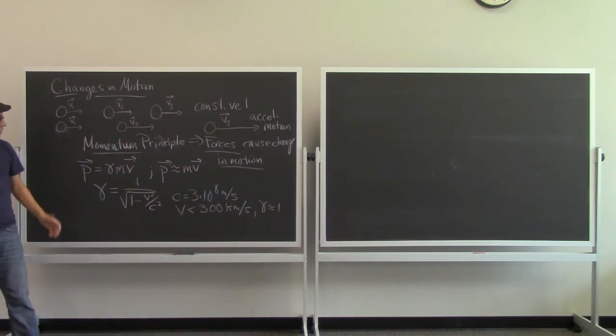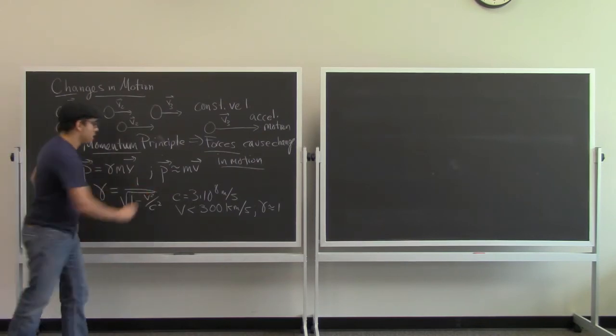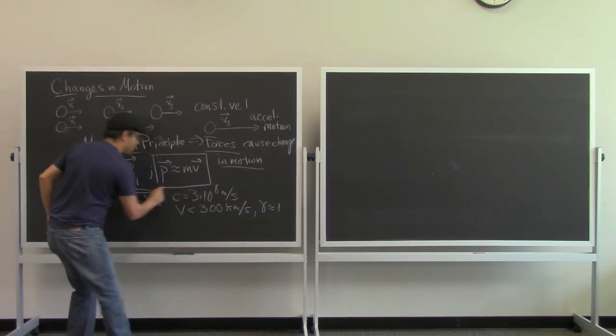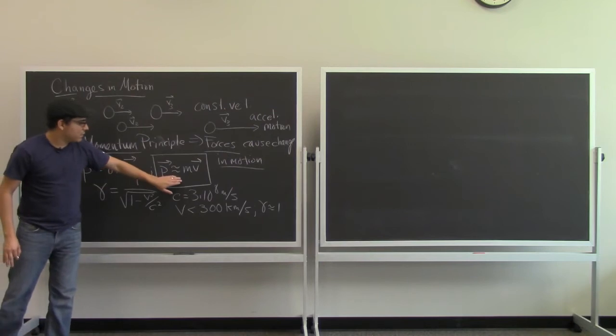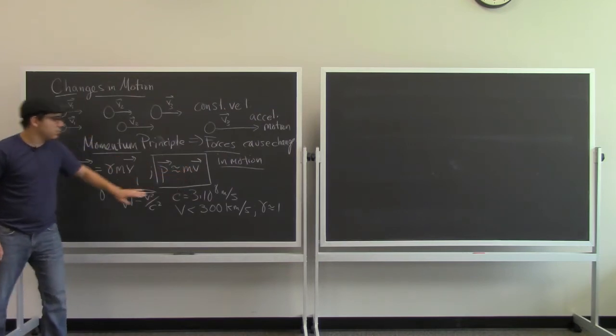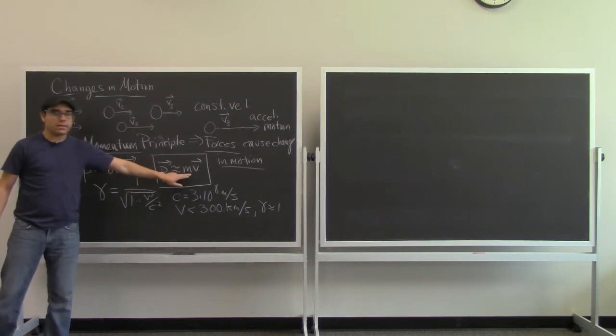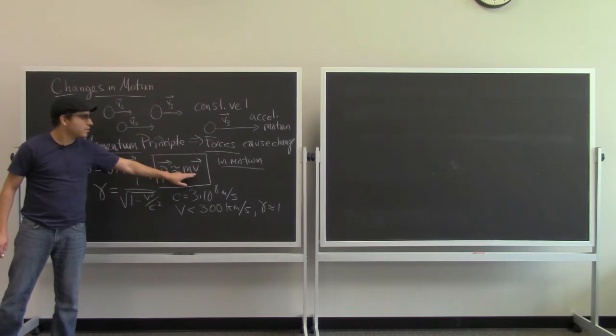So for most objects, we really don't care too much about this relativistic correction. We're OK with using this definition of the momentum vector. Okay? So this is a very straightforward definition of the momentum vector based on the velocity of the object and its mass. One thing that you'll note is that this is a vector idea, so that the momentum vector points in the same direction as the velocity vector.